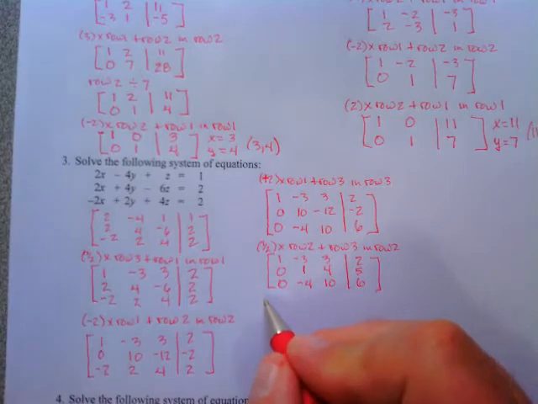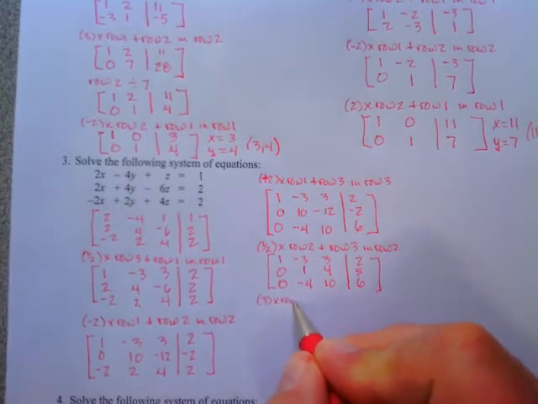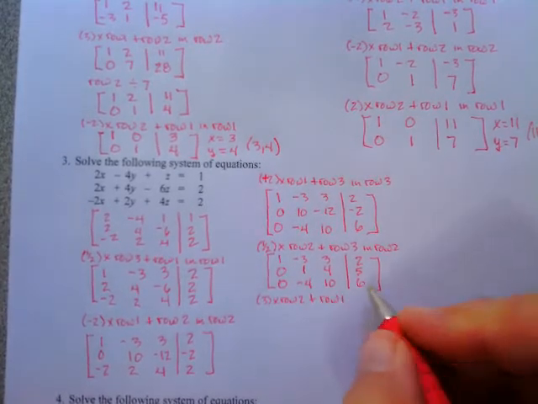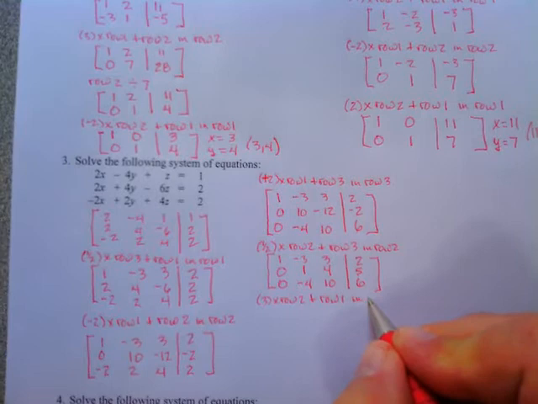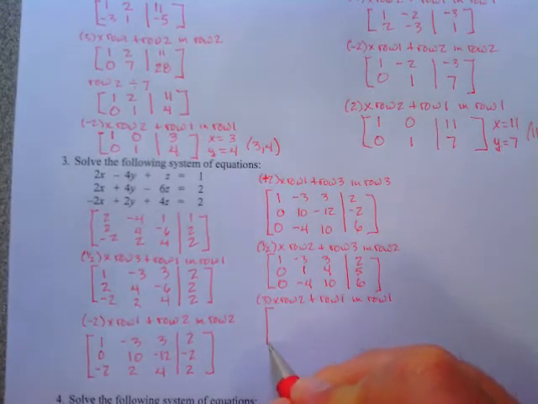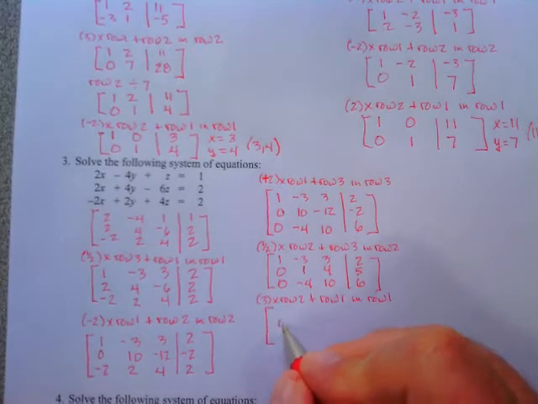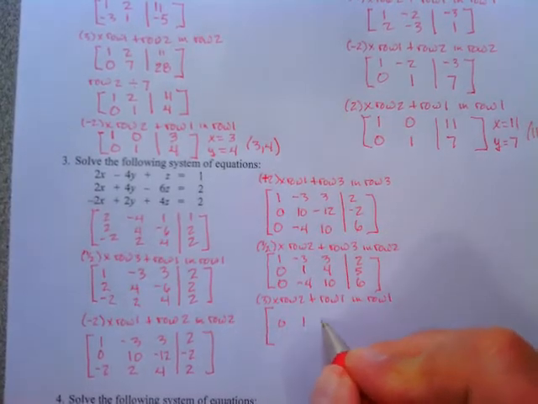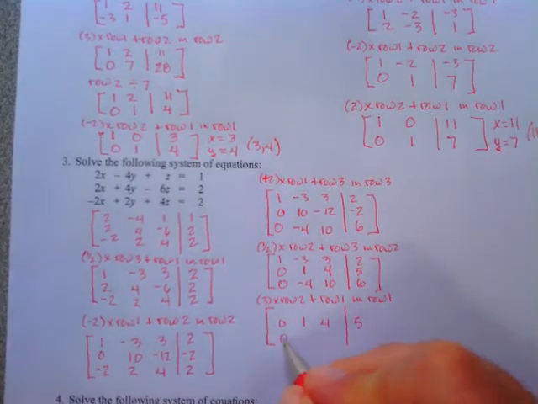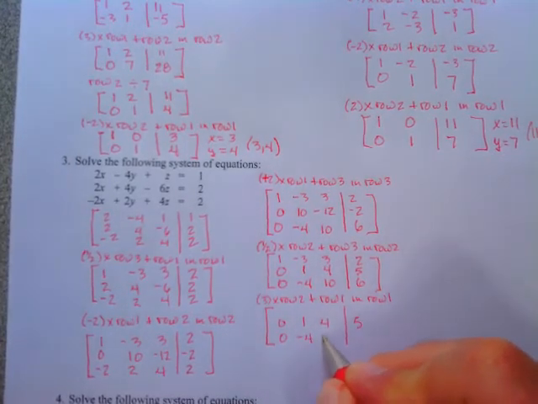So first off, I'm going to take 3 times row 2 plus row 1 and put that in row 1. And so it's not going to change row 2 or row 3.